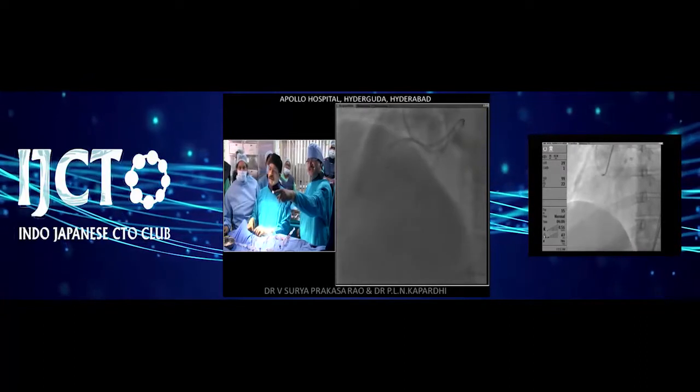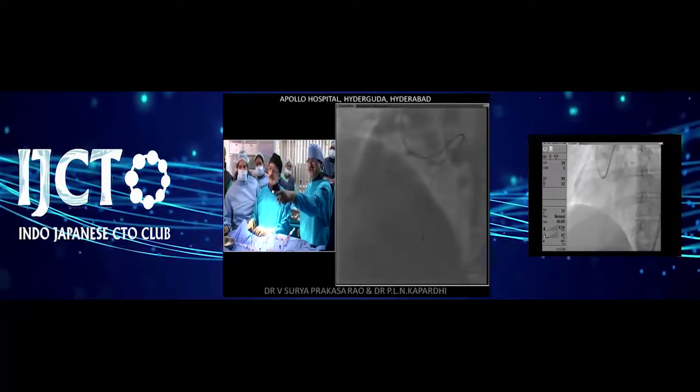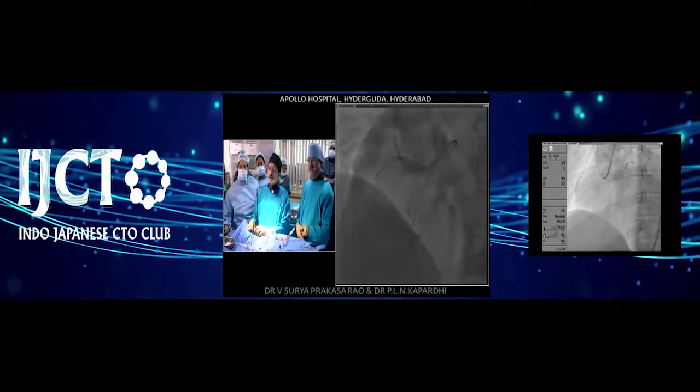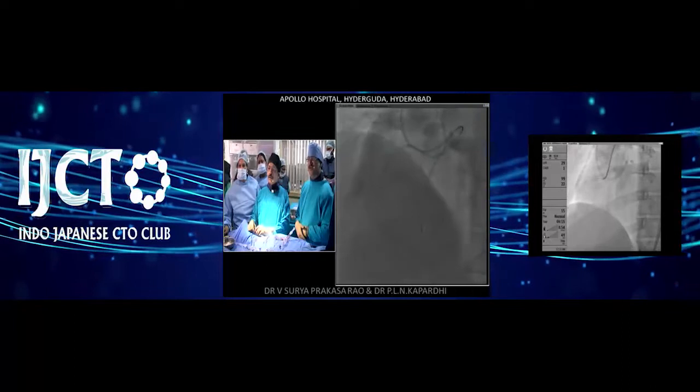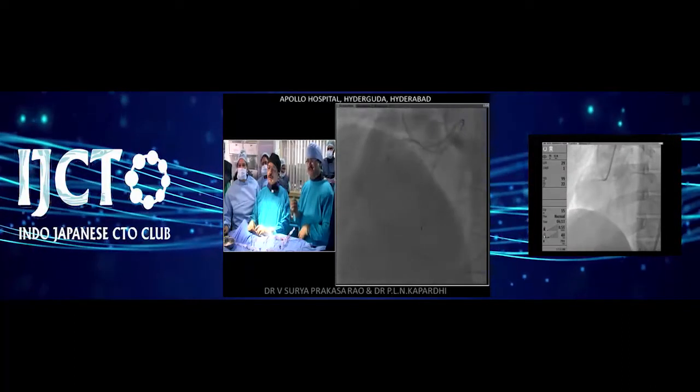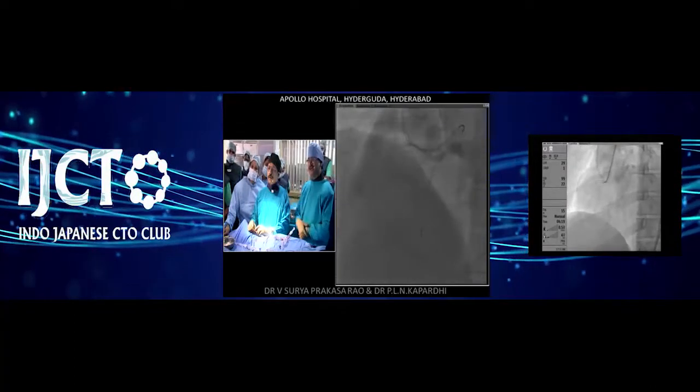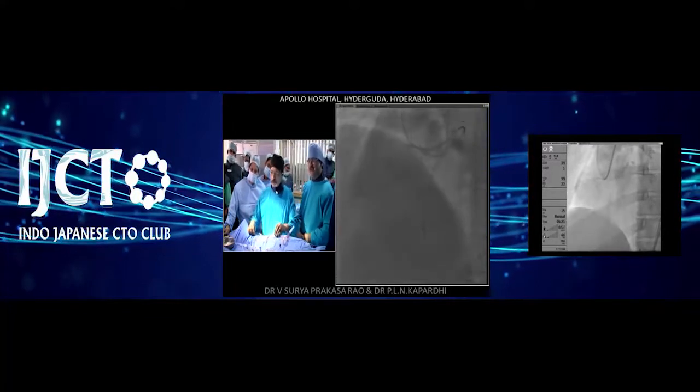Proximal PDA branch across distance to the distal segment of the CTO. Now we are negotiating the wire here from the exit point to entry to the PDA. But some difficulty at the bend point, we are finding difficulty at that point.